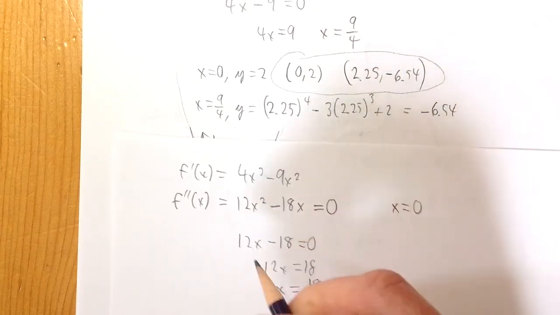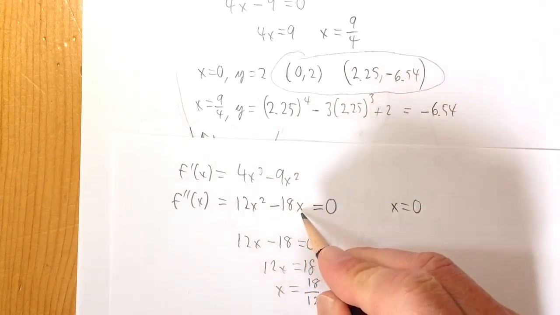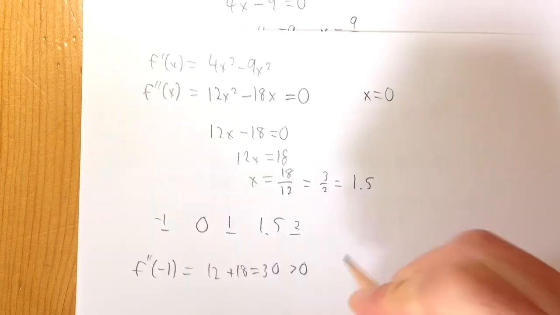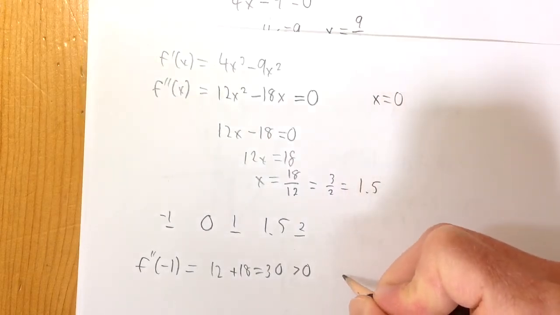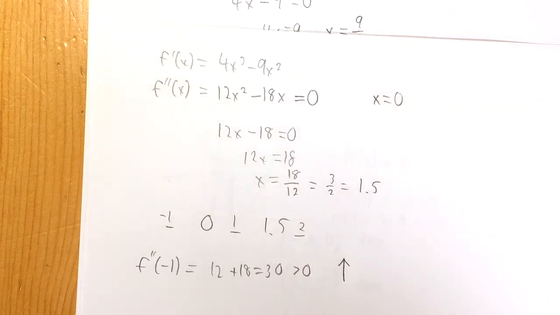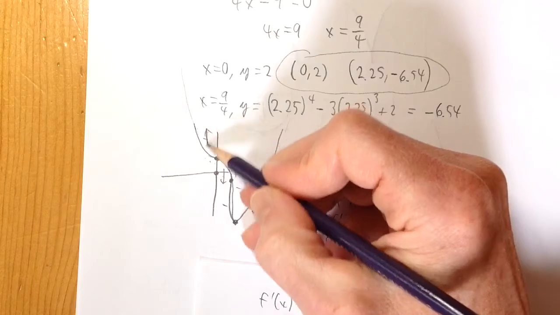Plug in -1 here. That would be 12 minus 18, but it's -1, so plus 18, which is 30, which is greater than 0. Therefore, we know that it's concave up. If the second derivative is positive, it's concave up, which we figured out there, right? -1 is concave up. So this is how we prove it.